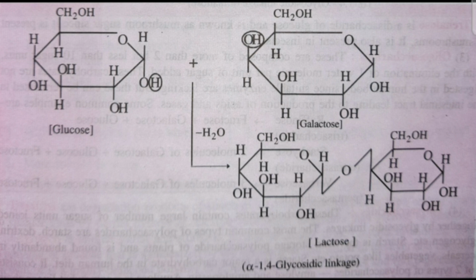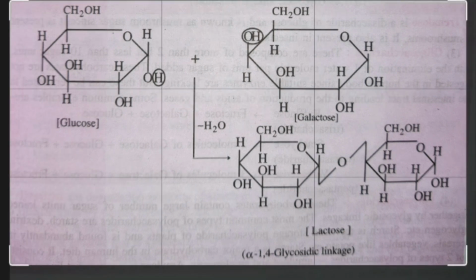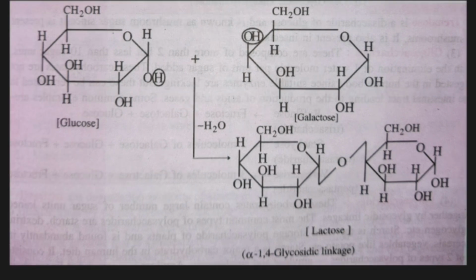In the structure of lactose, you can see this is the glucose and this one is the galactose. Here it is the first carbon, this is second, third, fourth, fifth and this is sixth. For the galactose also, this is 1, 2, 3, 4, 5 and 6.